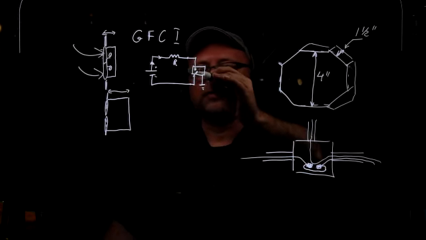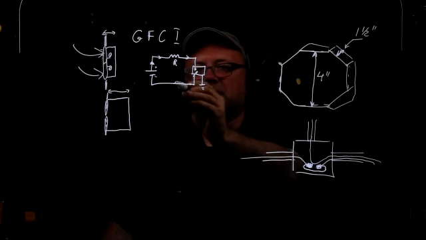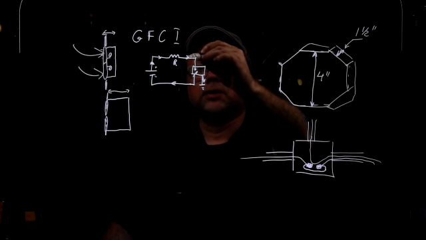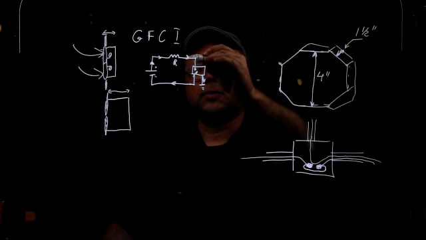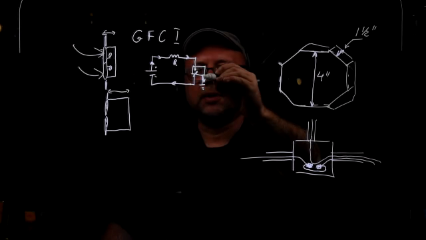If something happens inside that box, that some of the current is going to escape to ground, then this current here is going to be larger than that current because part of the current is going to escape to ground. So this current will be more than that current because some of it is going to escape here. It's just like a water leak, right?